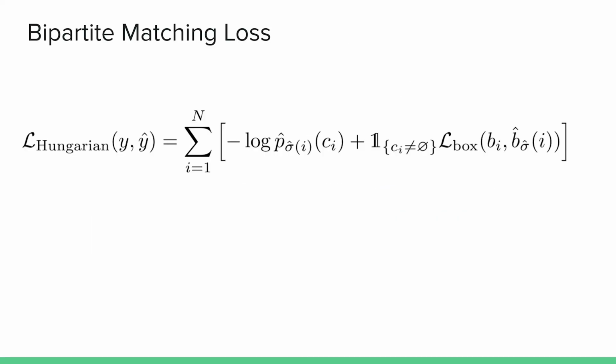Now, how to compute this is the following. The loss that you're feeding into the Hungarian algorithm is first the standard cross-entropy loss for the classification label. We know this: if we have classification, the standard cross-entropy loss can be used.